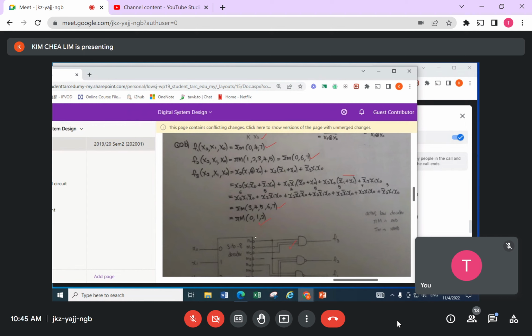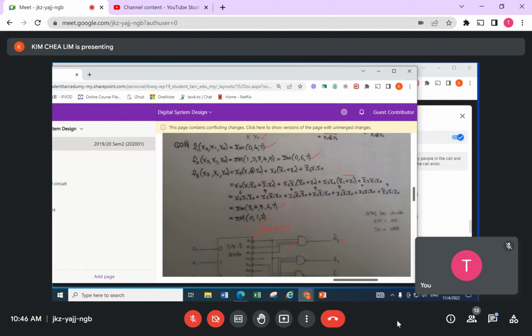If it's active low, they will generate the max terms. I'm actually using this active high output to generate, because I saw 2. So never mind. So max term F3 0, 1, 2.